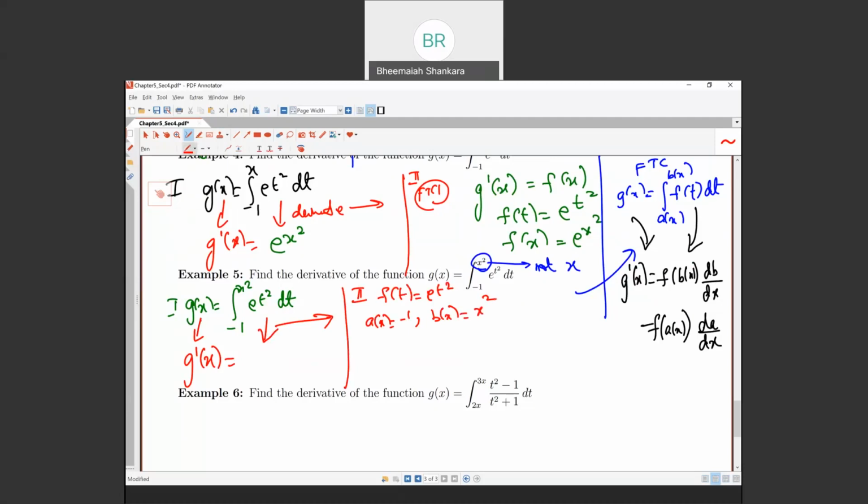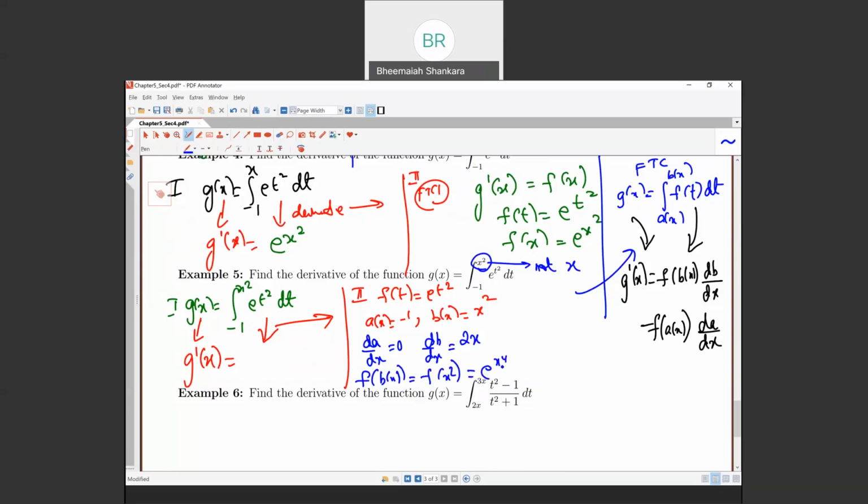So calculate the derivative of a with respect to x, which is 0, and of b with respect to x, which is 2x. Calculate the functional value at b of x. It's f of x squared, which is e to the x to the 4th.